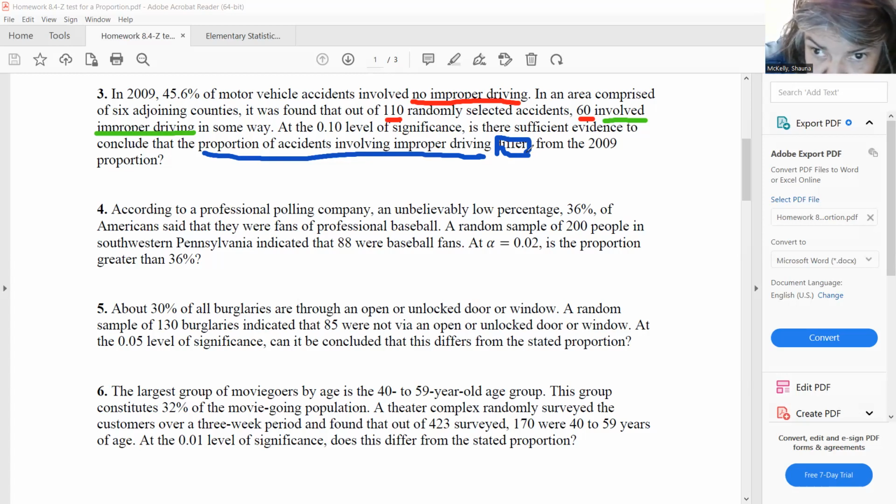So we have 2 groups. We have people who drove correctly and people who didn't.